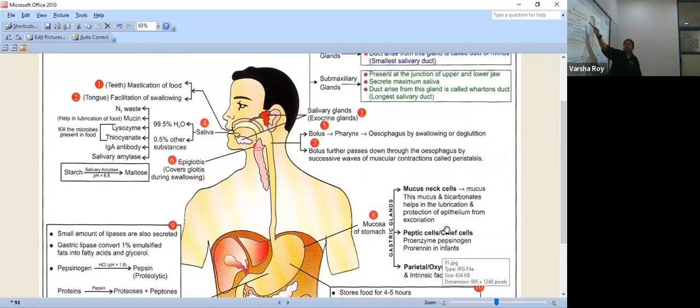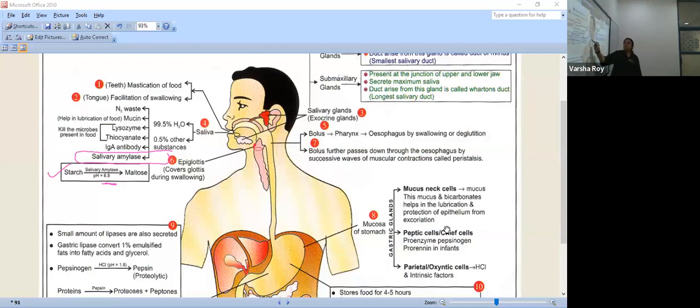Second क्या होता है? Tongue, facilitation of swallowing. Swallow करने में help करेगा. Taste buds है. Saliva में कौन सा enzyme होता है? Which enzyme is present in the saliva? Salivary amylase. क्या करता है salivary amylase? It breaks down starch into maltose. ठीक है? और कितना pH है? 6.8. मतलब acidic चाहिए. Slightly acidic.